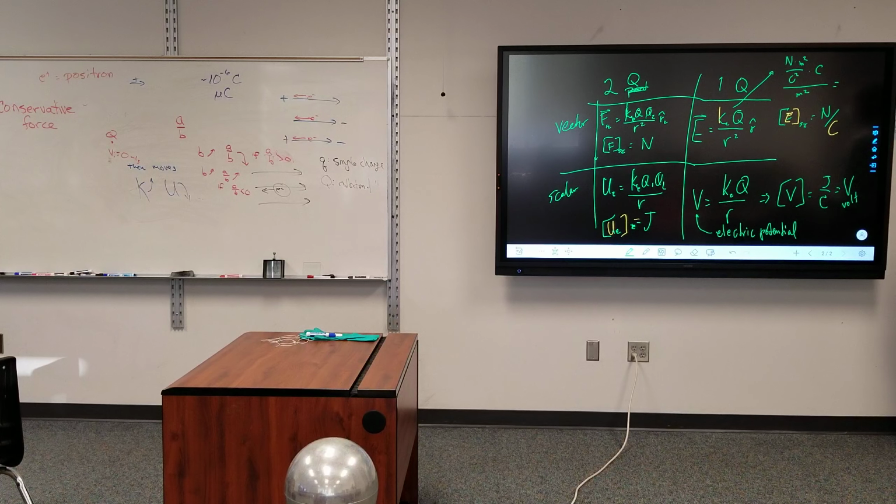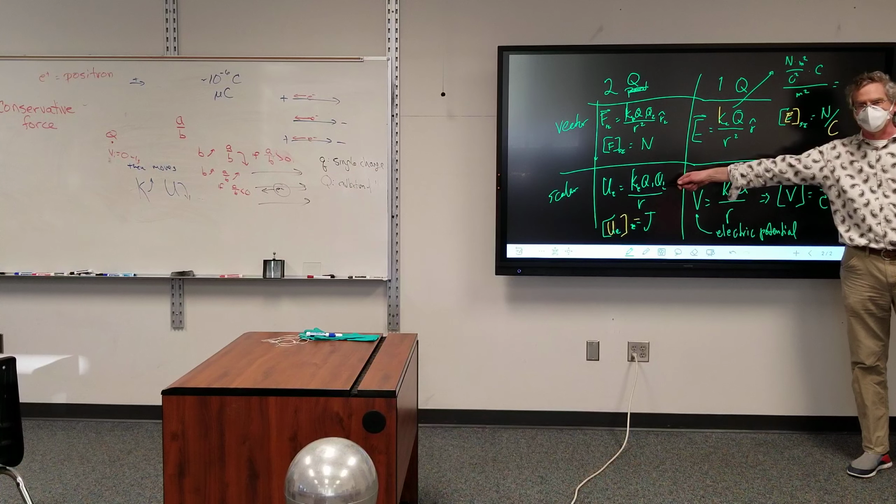At this point, if I am talking about potential energy, I need to use the word energy. Back in chapter 7, if I said, what's the potential, I was talking about the energy. Here, if I say potential, I'm talking about the electric potential, not the electric potential energy. So again, if I want to deal with energy, I need to specify the word energy.